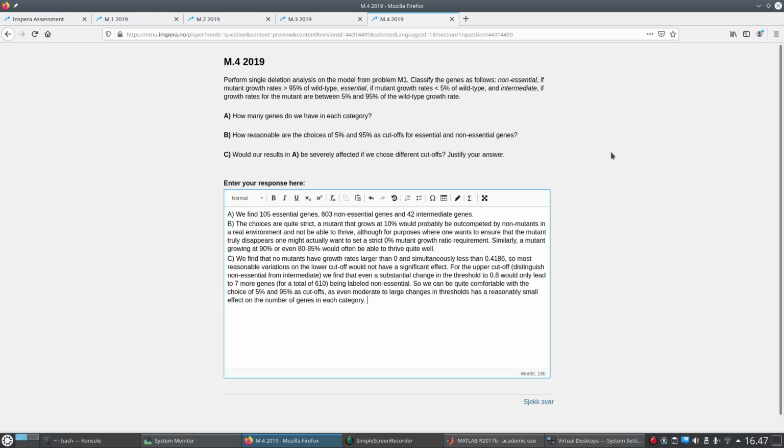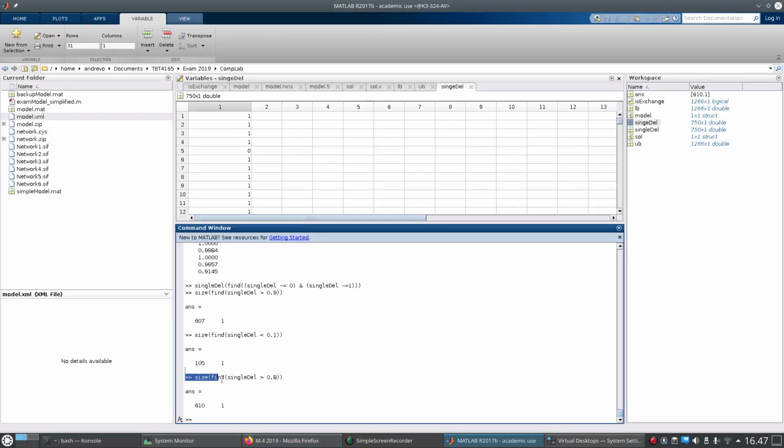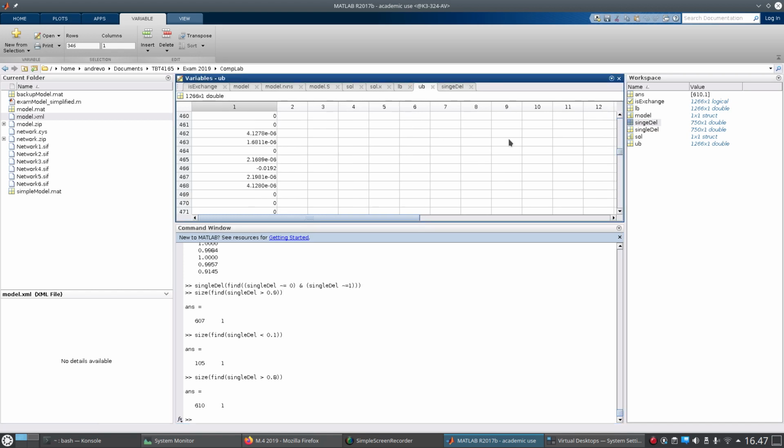And just really the core Cobra functionality with a little bit of secondary MATLAB, things like the size and find functions that are useful to know in terms of just quickly counting and identifying certain elements in the matrices. I imagine that maybe for some of these you could call some Cobra functions directly. I prefer to stick to the core functionality as much as I can. I'll often, instead of using Cobra functions to change objectives and lower bounds, I'll actually just change the upper and lower bounds directly, but those things are quite equivalent.